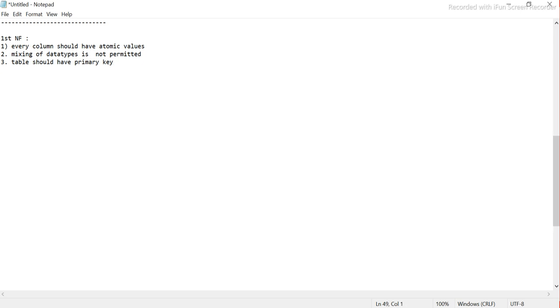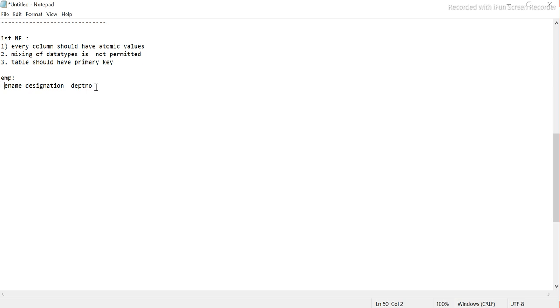So for example, if I take an employee table, I am doing employee name as one column, then department number, and then designation. Let's say this is the employee table and we have three columns.